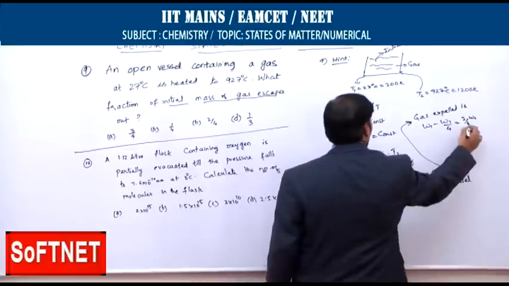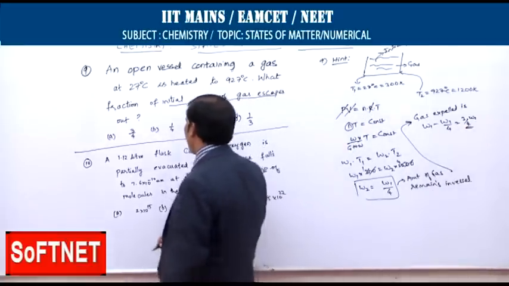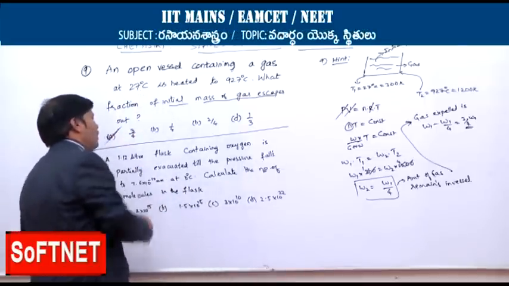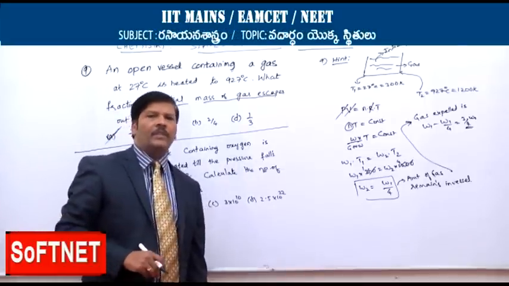Therefore 3 by 4 of W1 is the answer, which means option A, the first option, is correct. 3 by 4 is the amount of gas which is expelled.